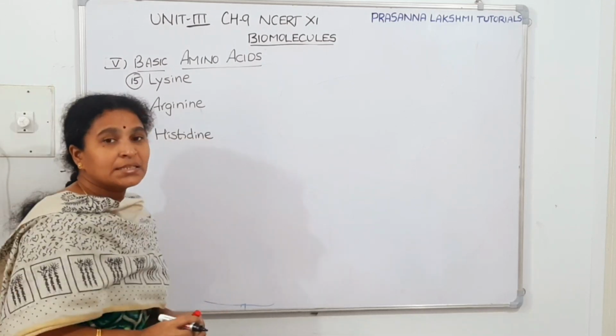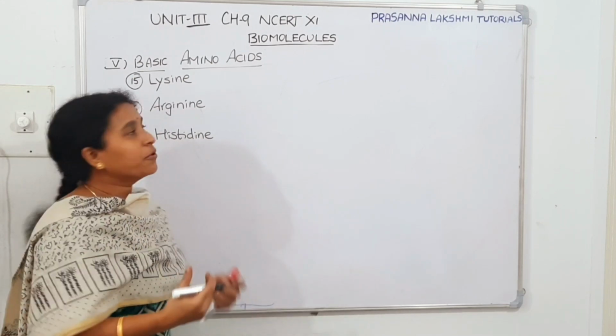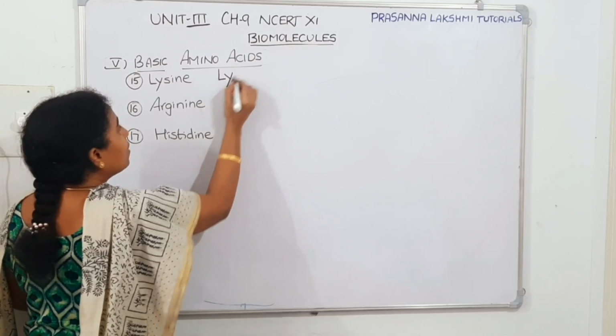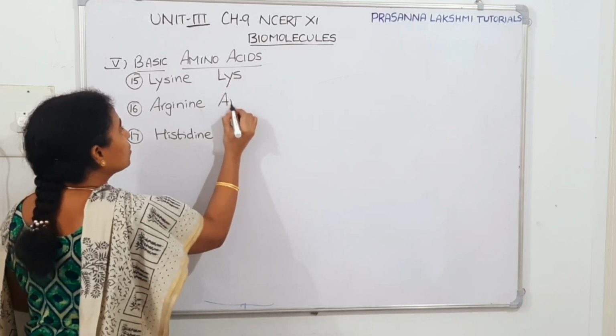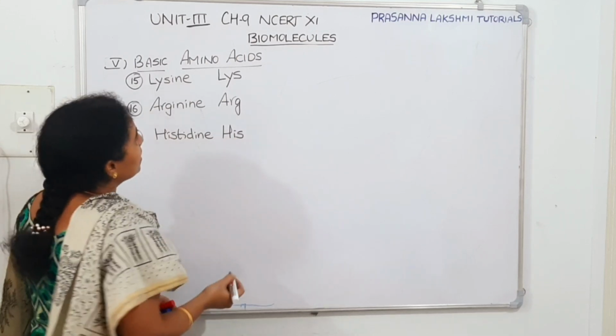These 3 are basic amino acids, among which lysine and arginine are found in making histone protein association, giving stability for the chromatin. Lysine 3-letter code LYS, arginine 3-letter code ARG, histidine 3-letter code HIS.